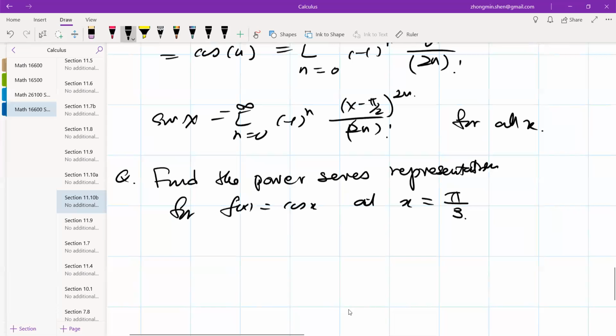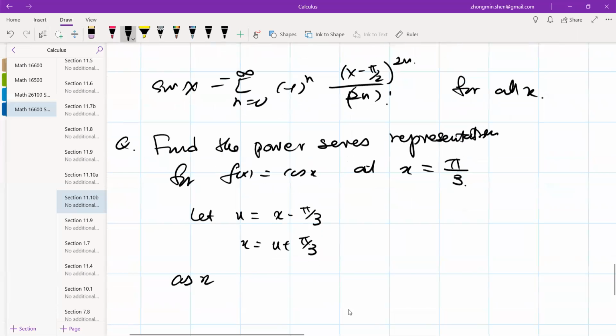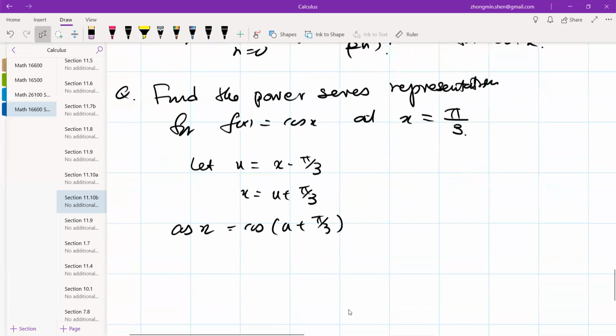The idea is very similar. You let u be x minus pi over 3. Then x is going to be u plus pi over 3, so cosine x is going to be cosine of u plus pi over 3. The question is, do you still remember the formula to expand this?